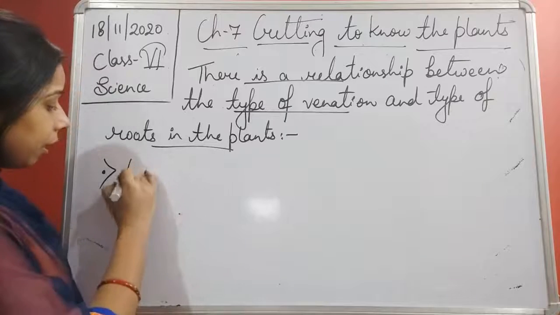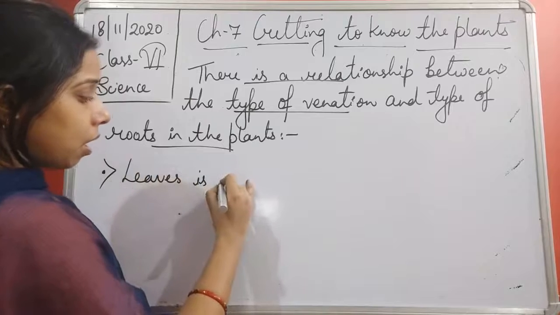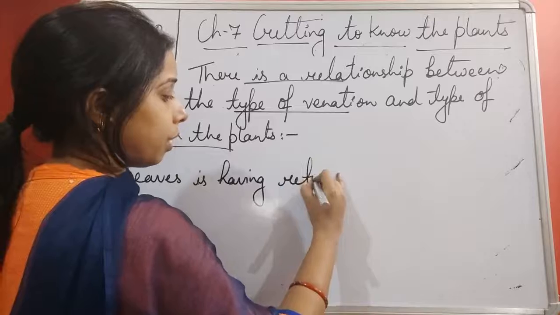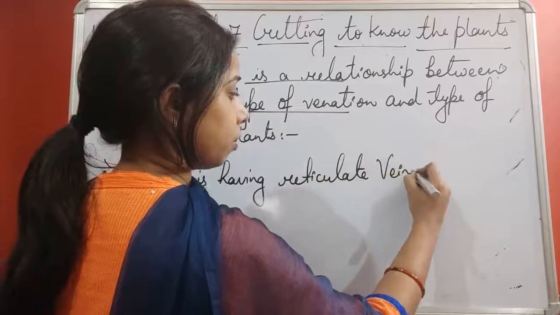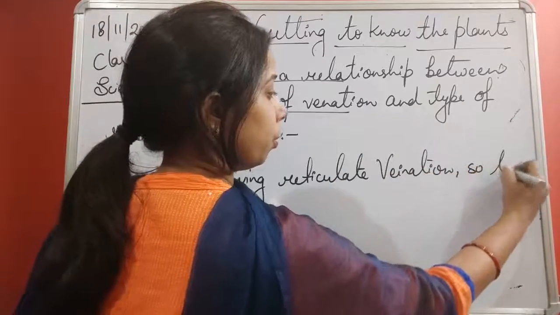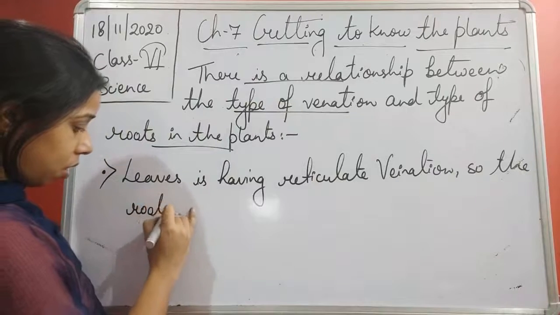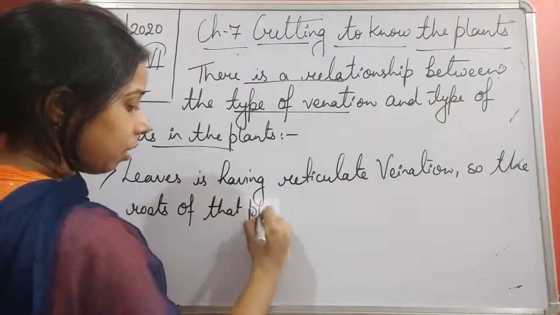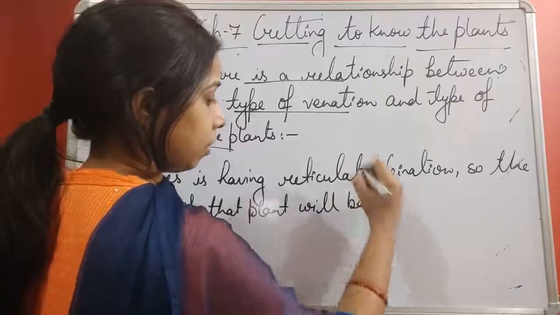So if a leaf is having reticulate venation, the roots of that plant will be taproot.